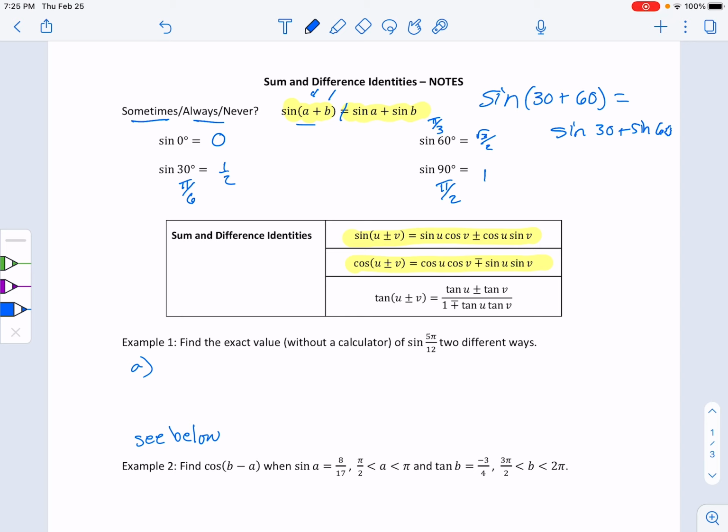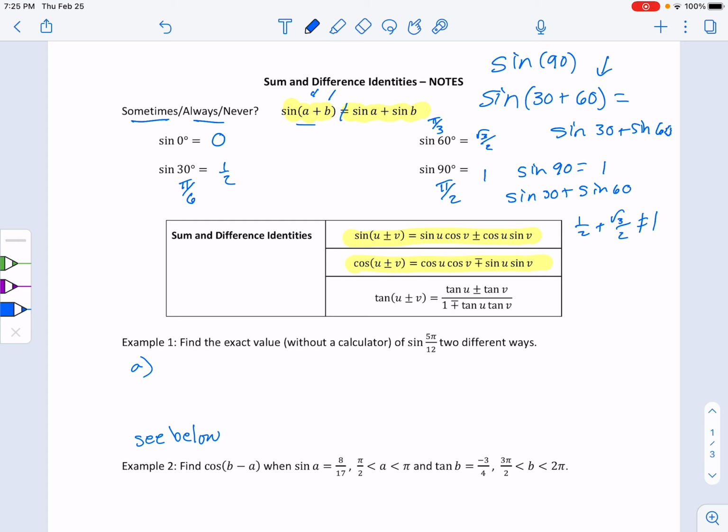So if we think about this statement here, I could say the sine of 90 is equal to the sine of 30 plus 60. And is that equal to the sine of 30 plus the sine of 60? Well, the sine of 90 is equal to 1. The sine of 30 plus the sine of 60 is 1/2 plus root 3 over 2, and that does not equal 1.